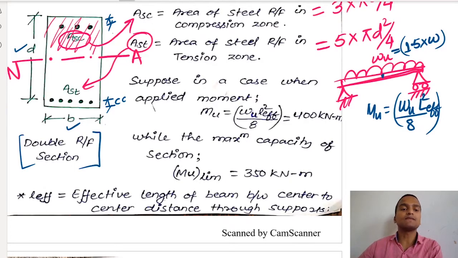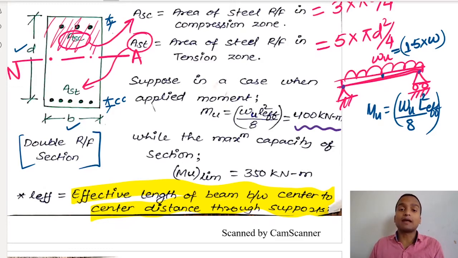L effective is the effective length of the beam, the center to center distance between supports. The distance between the centers of the two supports, from this point to this point. Okay, if it comes out to be 400 kilonewton meter, suppose that your applied moment is very high because the load is very high, and you are also calculating the maximum capacity of the cross section, Mu limiting.